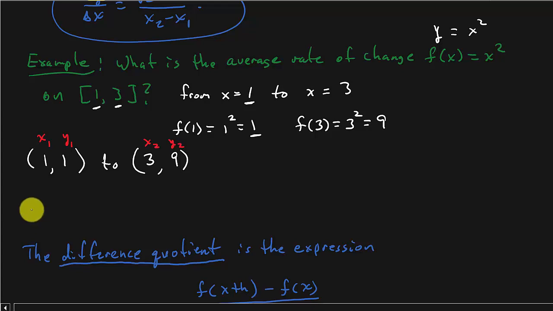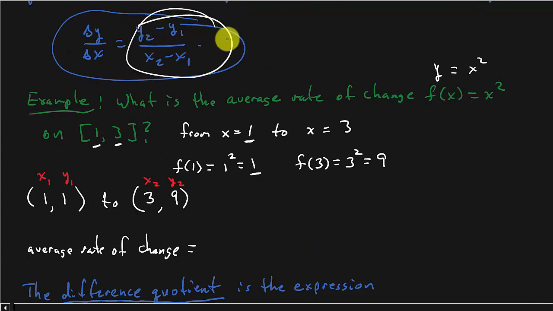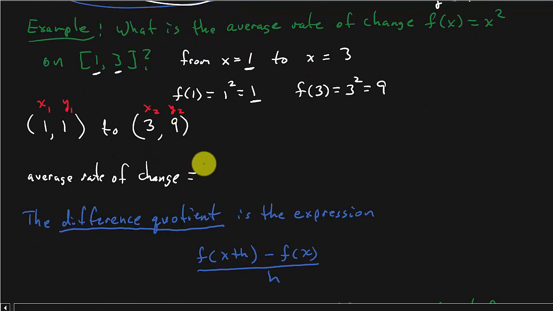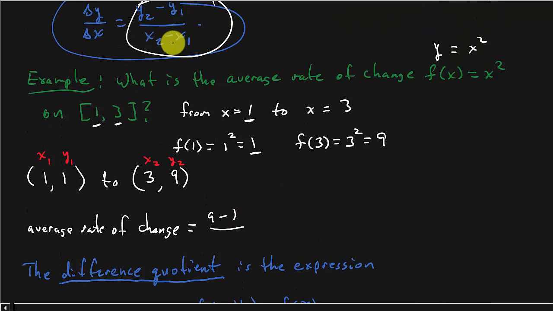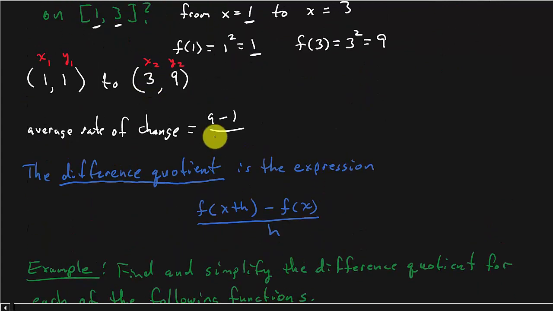And so the average rate of change is equal to what? y2 minus y1 over x2 minus x1. And so that's 8 over 2, which equals 4. And that's your average rate of change. All right.